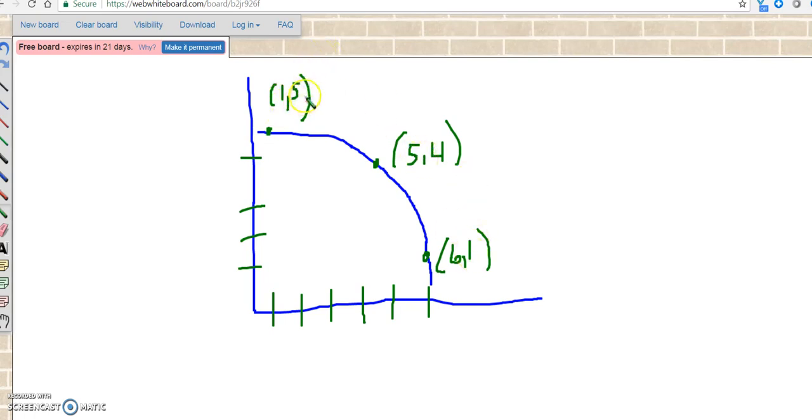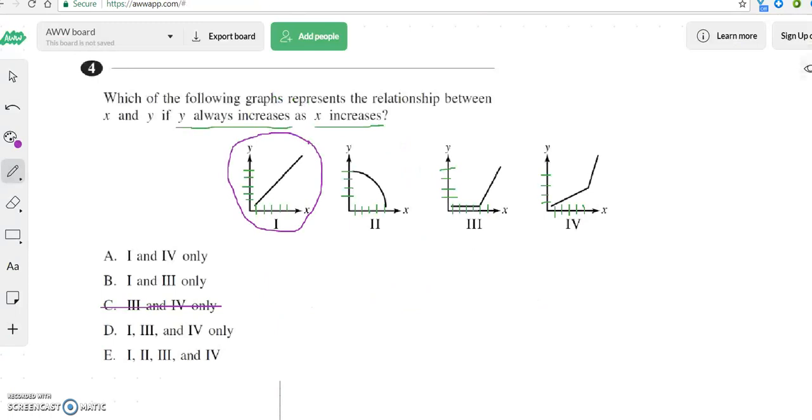It's decreasing, 5, 4, 1, as my x is increasing, 1, 5, 6. So to go back to the question, 2 is not going to be one of our possibilities. So E is no longer a possible answer. Now what we have to look at is these other two.